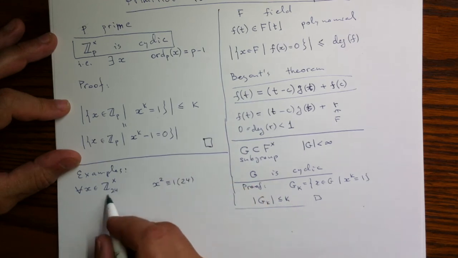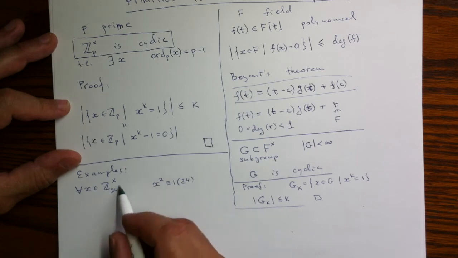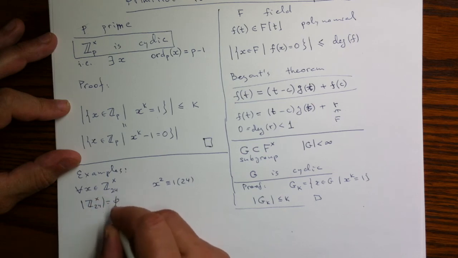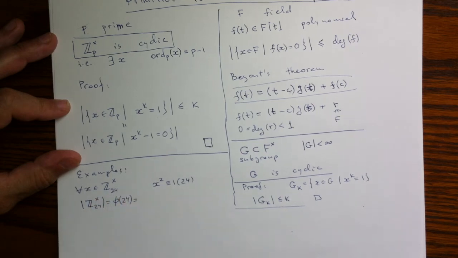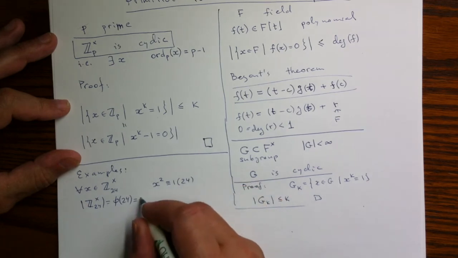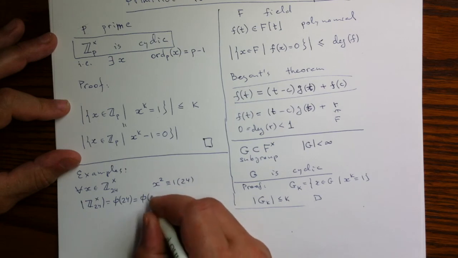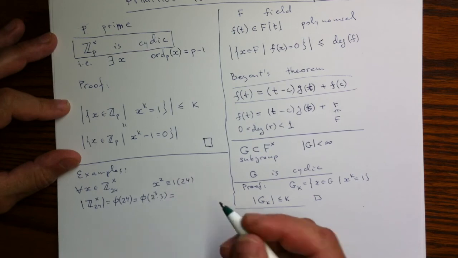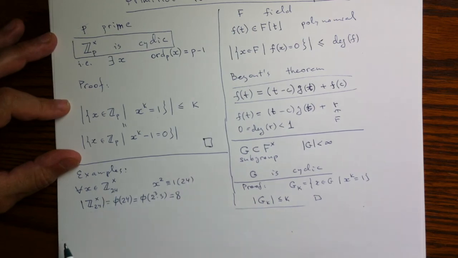And the order of the group is of course the Euler function of 24, which is the Euler function of the prime decomposition of 24, which is 2 cubed times 3. So that will be 4 times 2, which is 8. We have 8 invertible numbers mod 24. So the group is of order 8, but all elements are of order at most 2. It's not cyclic, of course.